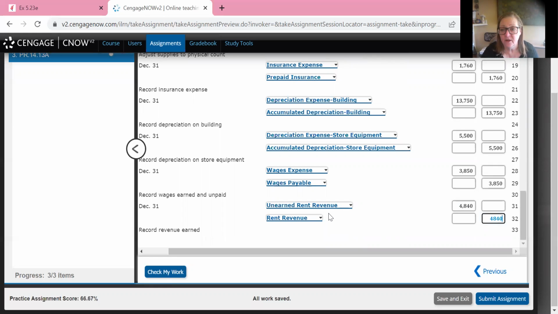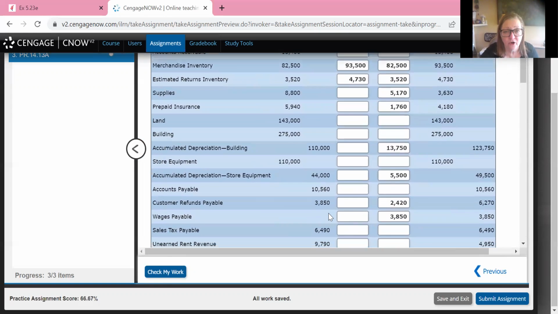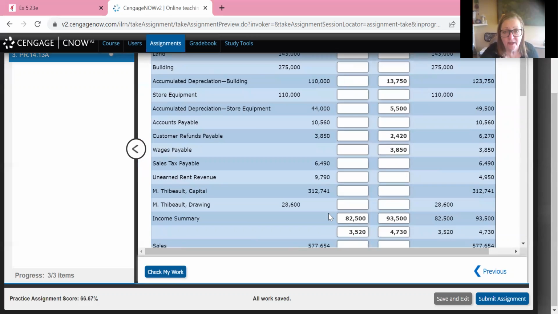They made a debit to unearned rent revenue of $4,840. And we know that because we can see that their unearned rent revenue, which is a liability account, went from $9,790 down to $4,950. So we know that they had an entry to reduce it, $4,840. It's a credit balance account, and that's why the debit was needed to do it.